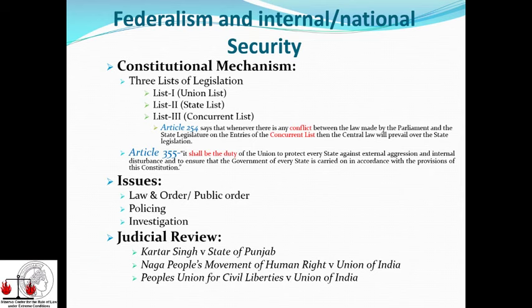And when the central government is sending the army to the state area under the Armed Forces Special Powers Act, there are certain situations which need to be taken care of.